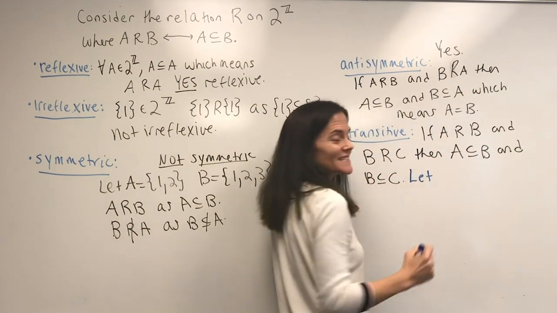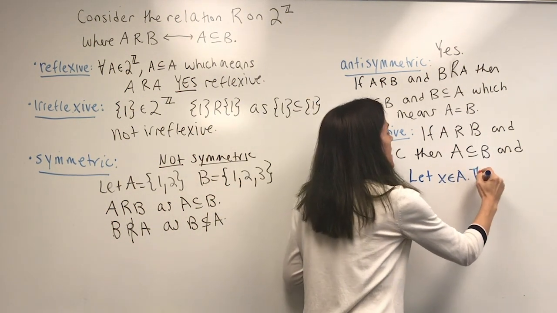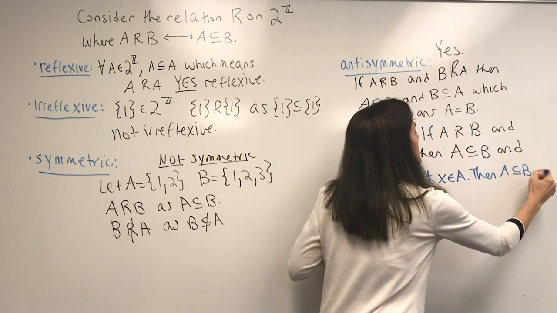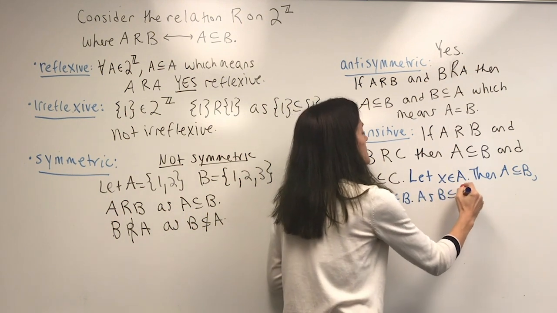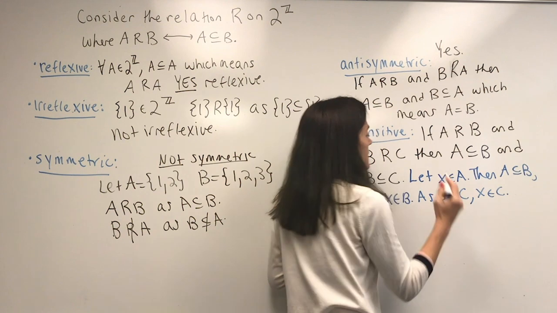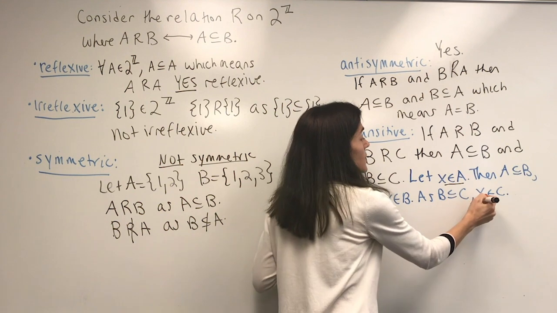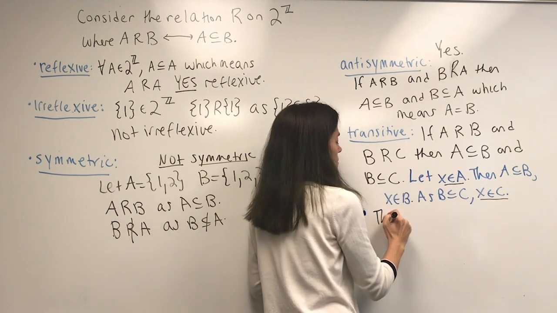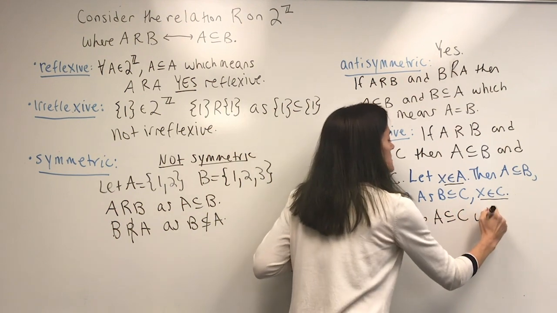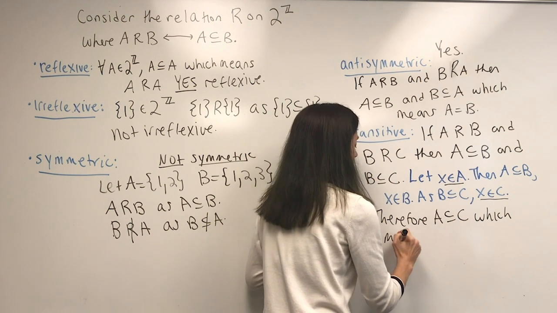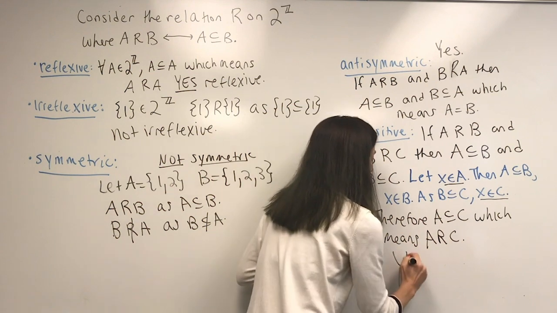In fact, it's good to always think about these proofs with sets. So if we let x be in A, then as A is a subset of B, we have x in B. And then as B is a subset of C, x is in C. So therefore, we started with something in A, and we have shown it is in C. So therefore, A is a subset of C, which means A relates to C. And so this one is a yes.